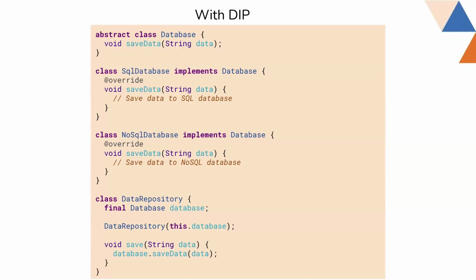It is only known when we make an object of the SQL database or NoSQL database and use this method directly in another part of the code. Only at that time do we know the exact use of SQL or NoSQL. So that is how we make an abstraction here, and we make each module independent, not dependent on any other method or class, and that's how we are following the principle.